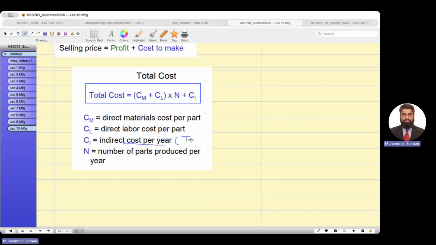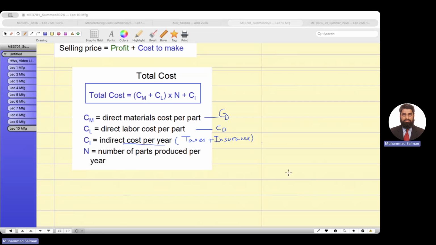Indirect cost includes the taxes plus insurance, and the direct cost includes the material direct cost, CD. Okay, so you can find out the total cost.